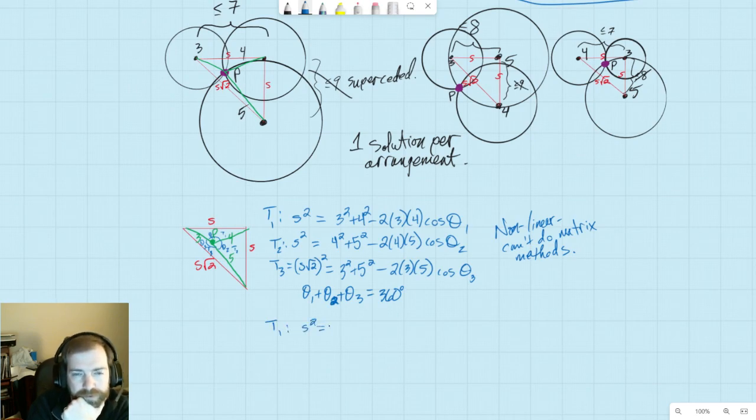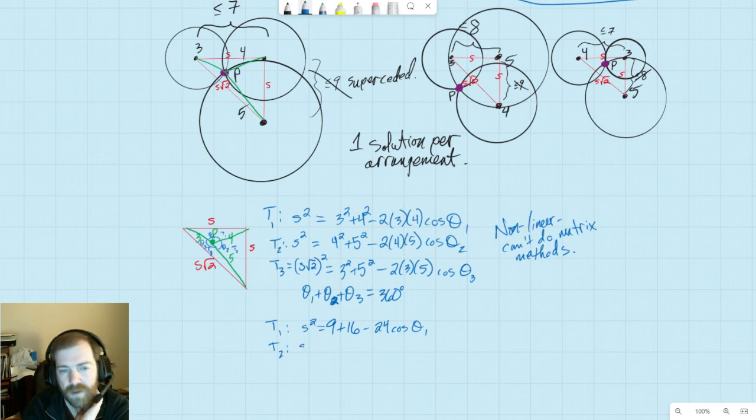Hang on, how does this work? Let's just do this. Alright, 9 plus 16 minus 2 times 3 times 4, that's 24 cosine theta 1.